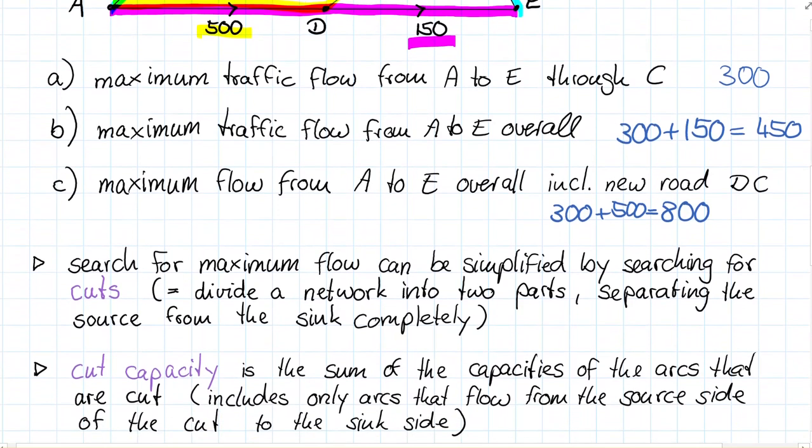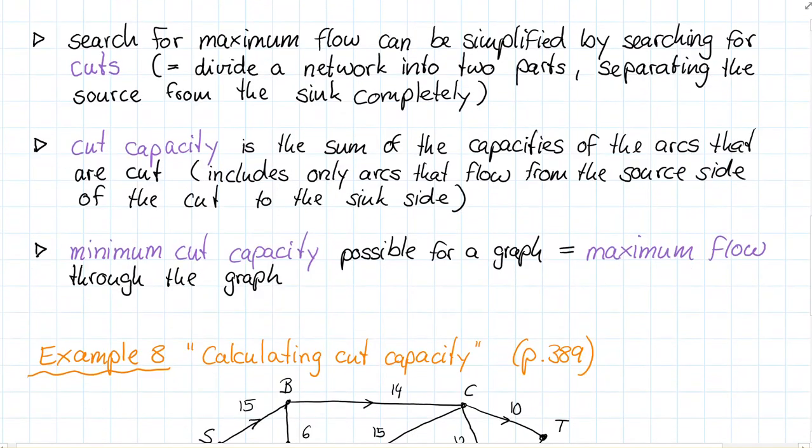Good. So how can we deal with maximum flow is by using cuts. We have a network, we have our diagram, and what we can do now is divide the network into two parts by separating the source from the sink completely. Then we have to have a look at the cut capacity, and that's the sum of the capacities of the arcs that are cut.